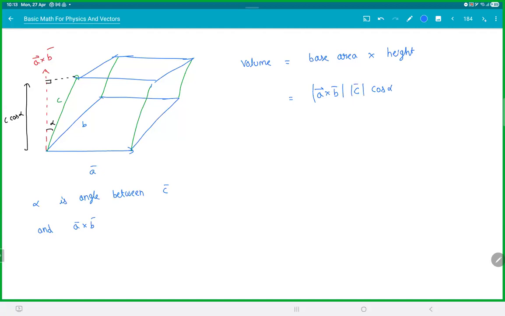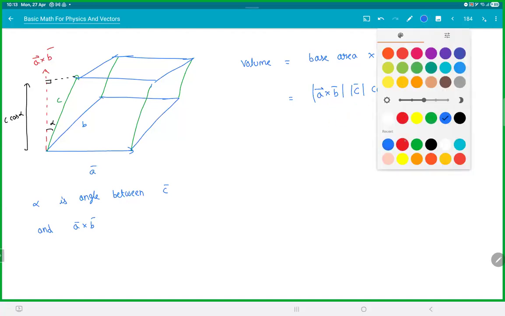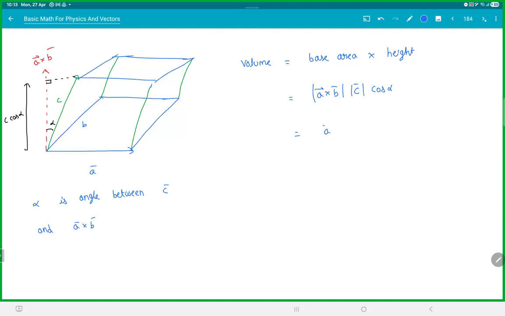Now, if you look at this, doesn't this kind of look like mod P, mod Q, cos theta? So I can write this thing as P bar dot Q bar. But in place of P bar we have A cross B and in place of Q bar we have C. So that's A cross B dot C. That is a proof for this. Clear with this?